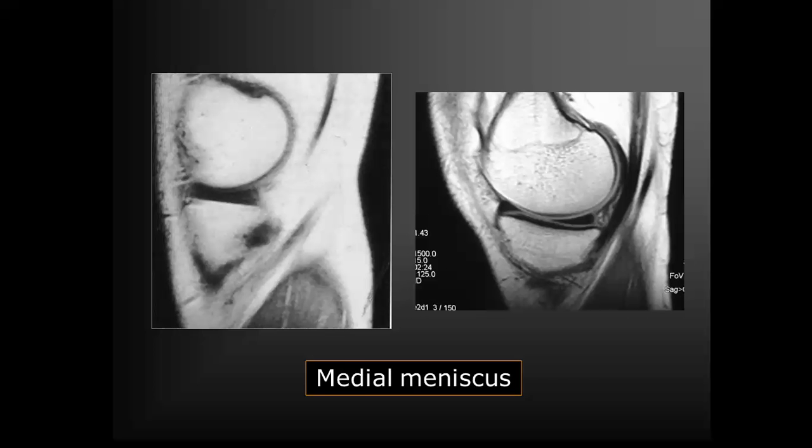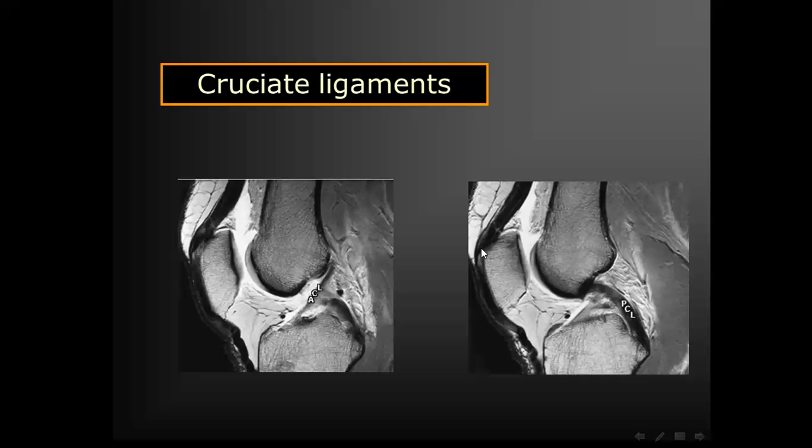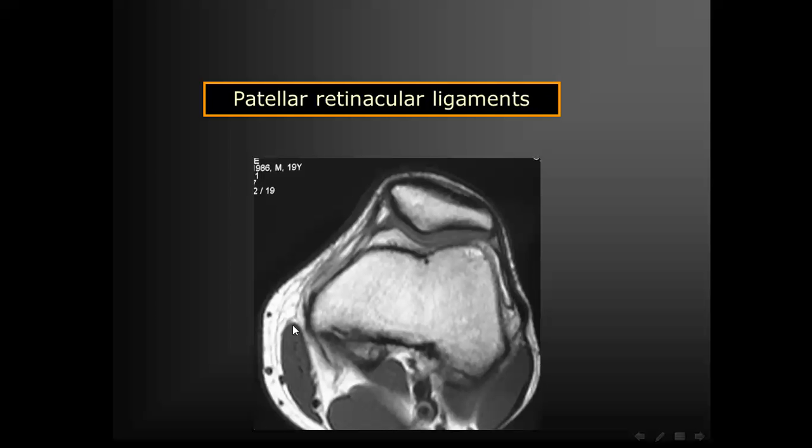This is the medial meniscus, sharply defined, normal. This is a cruciate ligament, posterior cruciate and anterior cruciate, and this is the patellar retinacula, this one and that one.